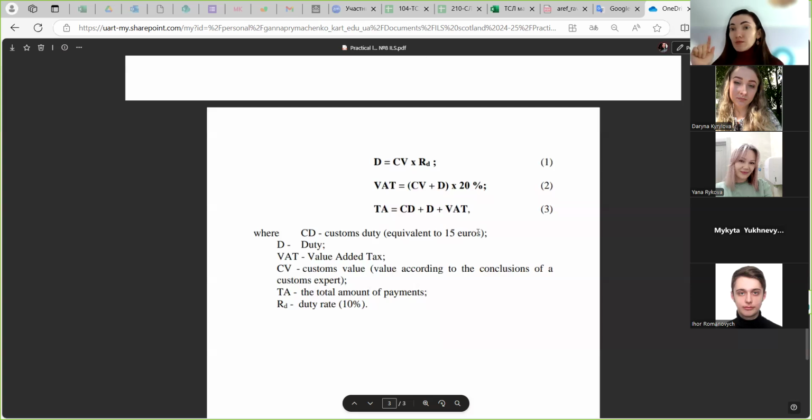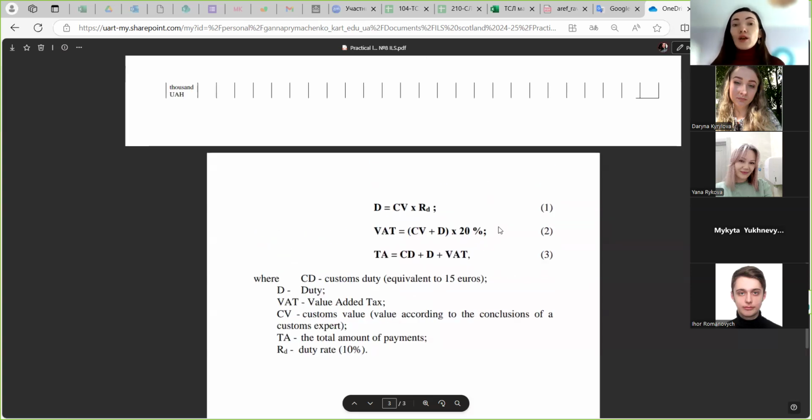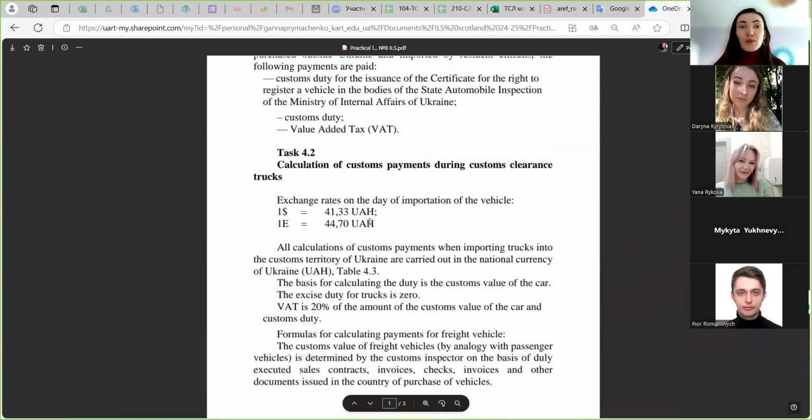Write please 15 multiplied by our exchange rate. Now I opened this information. For euro, it is 44.70 hryvnias for 1 euro. So 15 euros we multiply by 44.70. It is our first parameter.